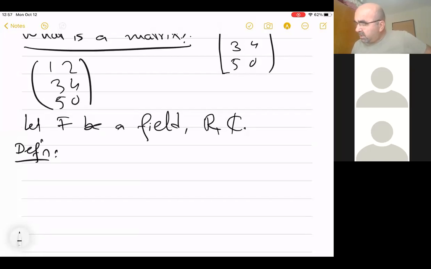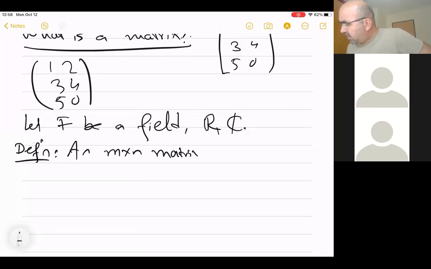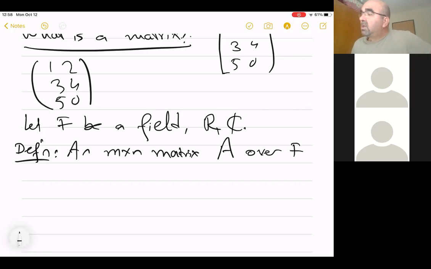Formally, an M cross N matrix, which we will denote by A over the field F, is a function like this.